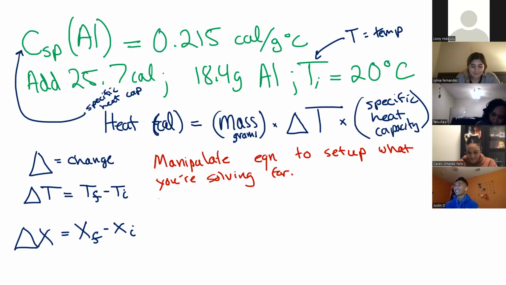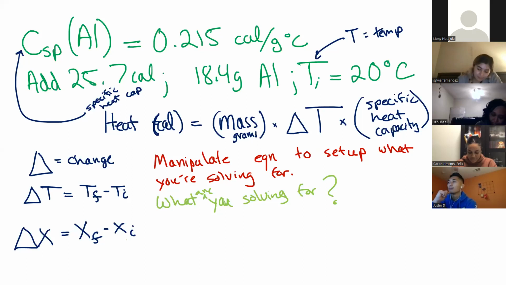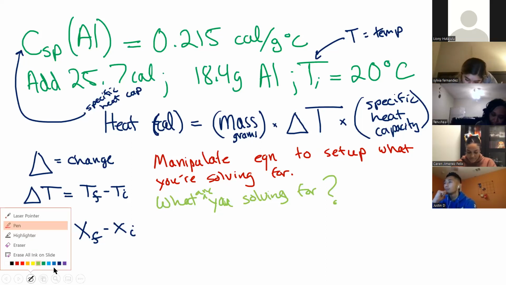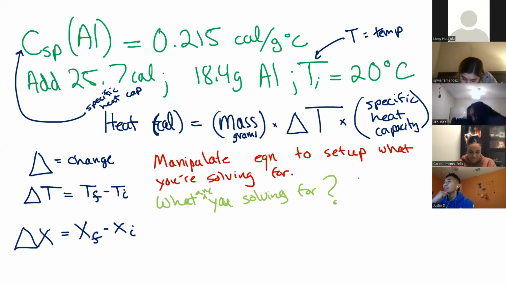Okay, so ask yourself first, what are you solving for? And we said that on the previous page. We said that we are solving for temperature final. We're looking for that final temperature, okay?